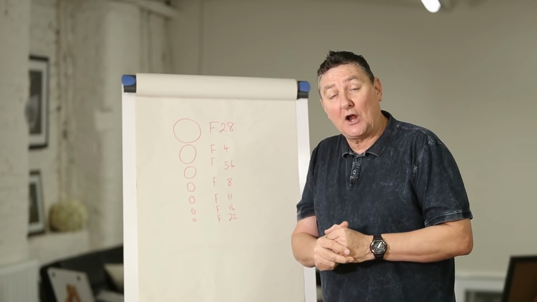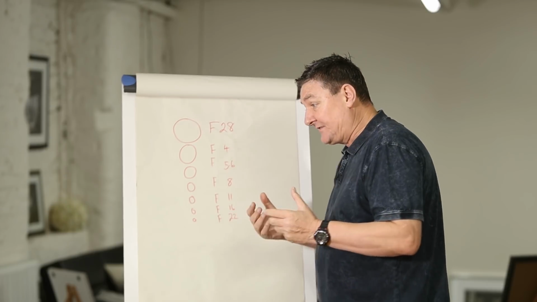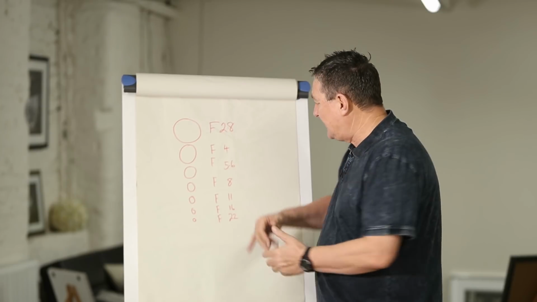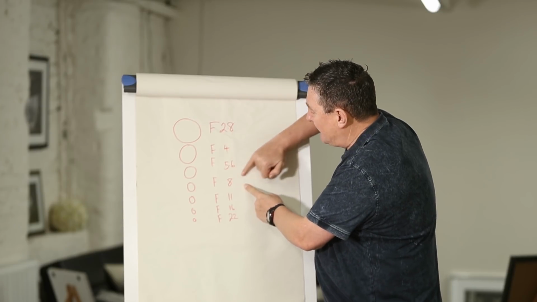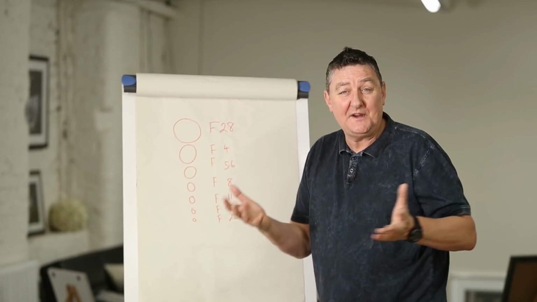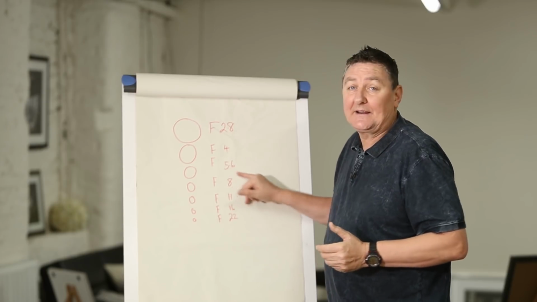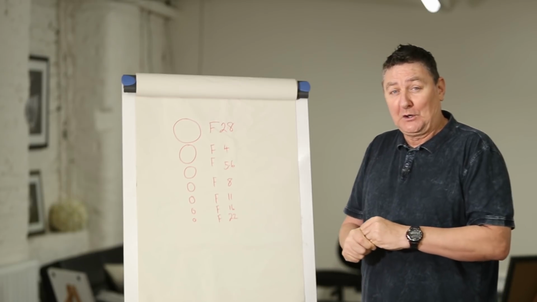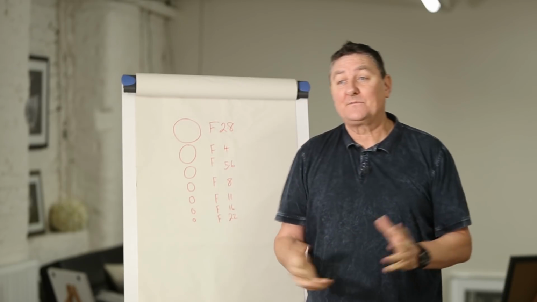It varies ever so slightly with different types of cameras. So a micro four thirds, for instance, you're going to be around about maybe f5.6 or f8 will be your sweet spot. But either way, it's the middle of the range, irrespective of your camera make, model, or brand.